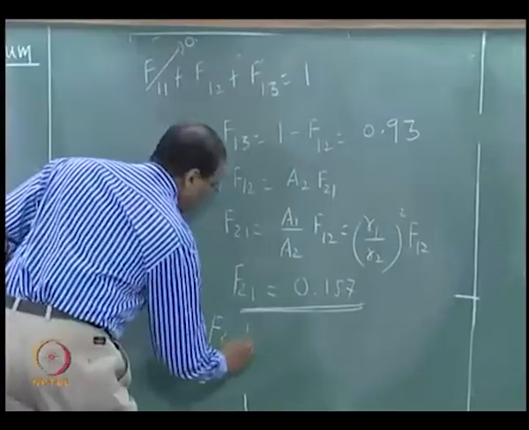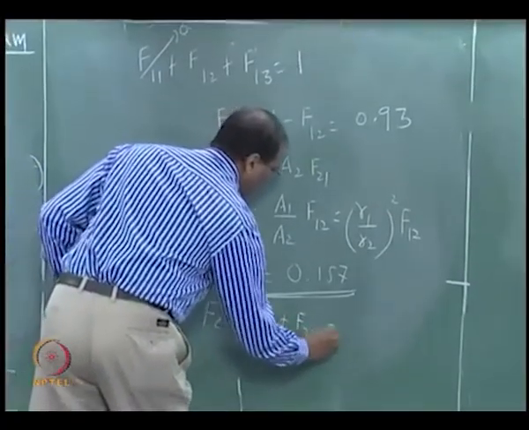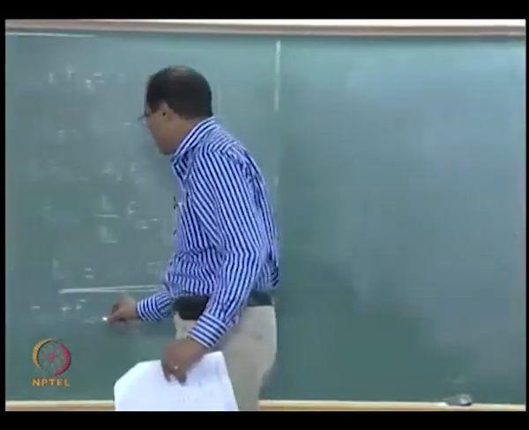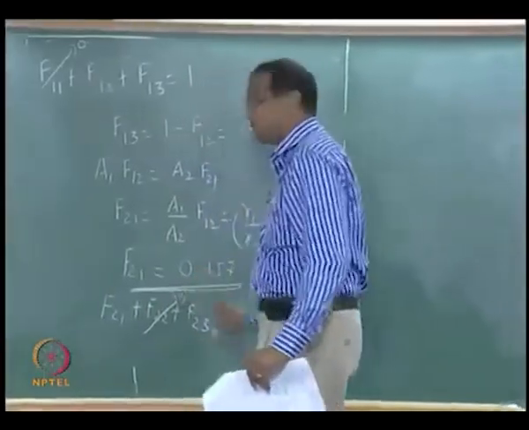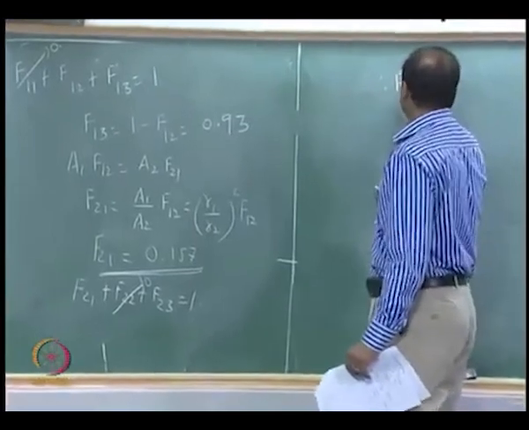F21 plus F22 plus F23 equals 1. F22 equal to 0, therefore F23 follows.